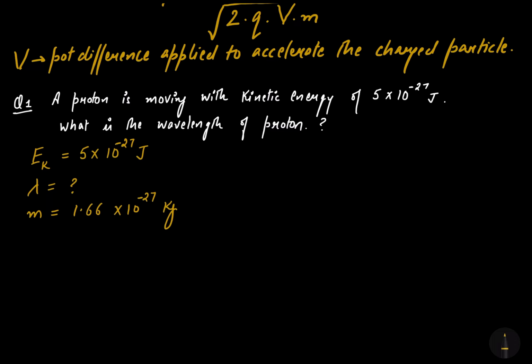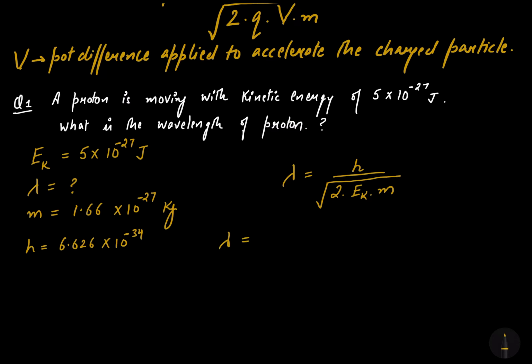So the formula that we will use over here to solve the numerical is lambda is equal to h upon root of 2 into kinetic energy into the mass of the proton. Here the value of Planck's constant h is 6.626 into 10 to the power minus 34. So let's substitute all the values in the formula.